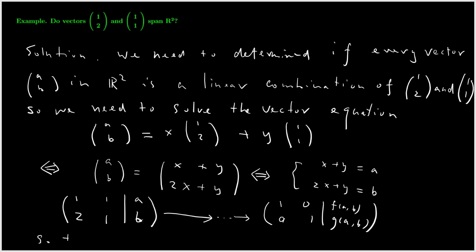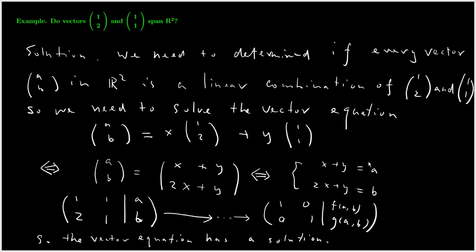The system, meaning the vector equation, has a solution, which means every vector AB in R2 is a linear combination of 1, 2 and 1, 1.